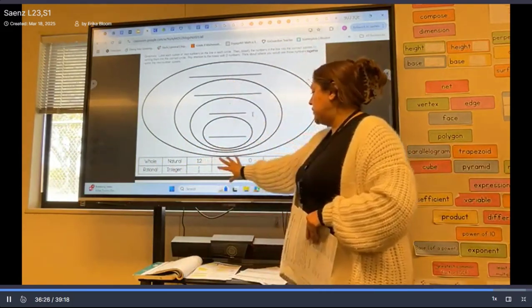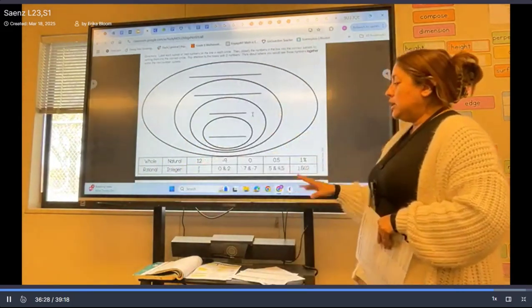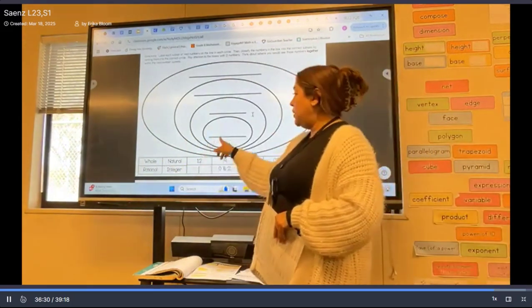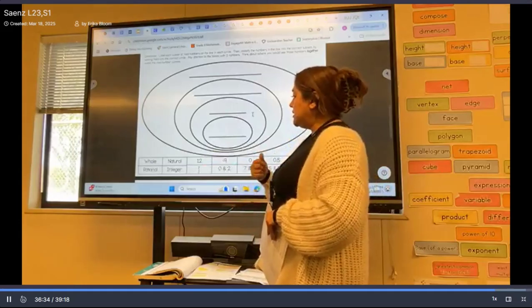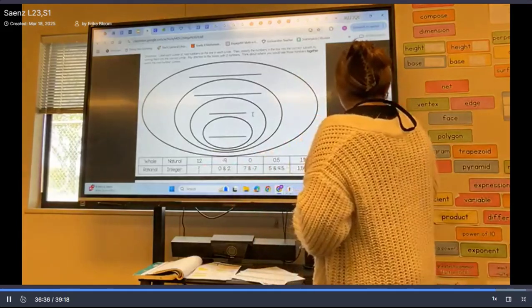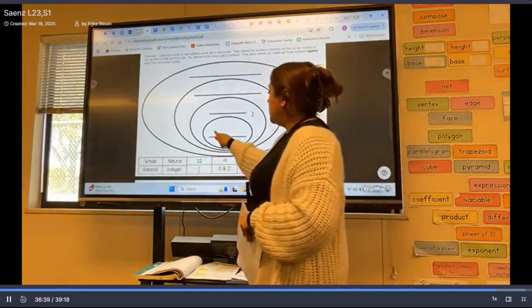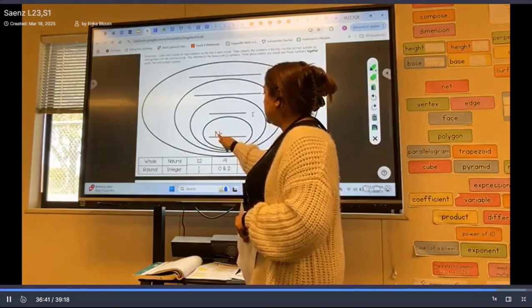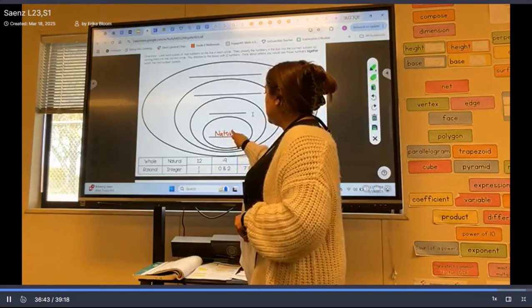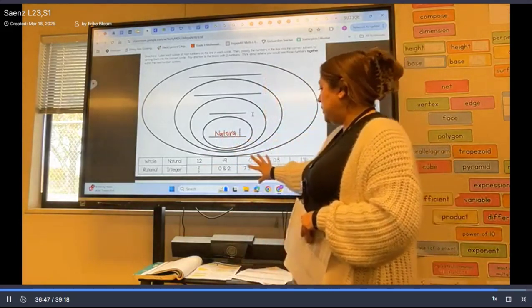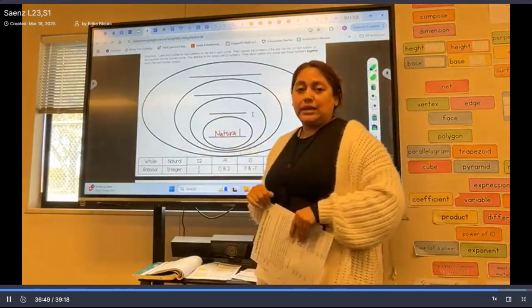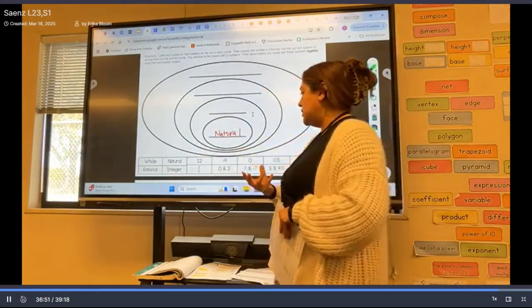Then you have a series of numbers. You're only going to use one box per section. You're not going to repeat it throughout. Let me do one example for you. Let's say I want to do natural numbers. I'm going to select which numbers would be classified as natural numbers.